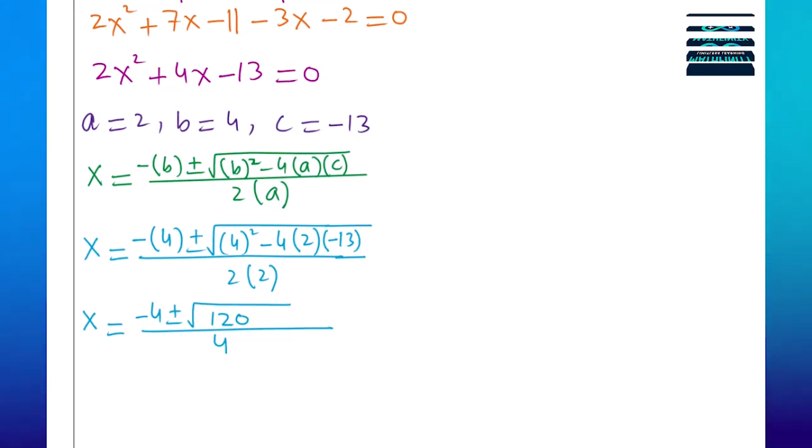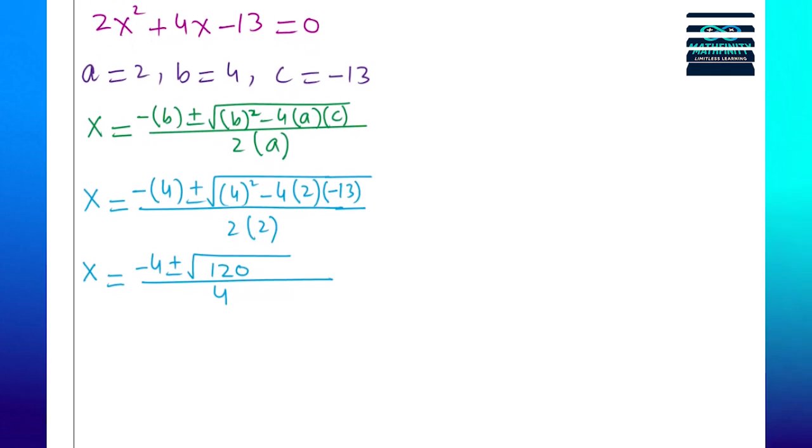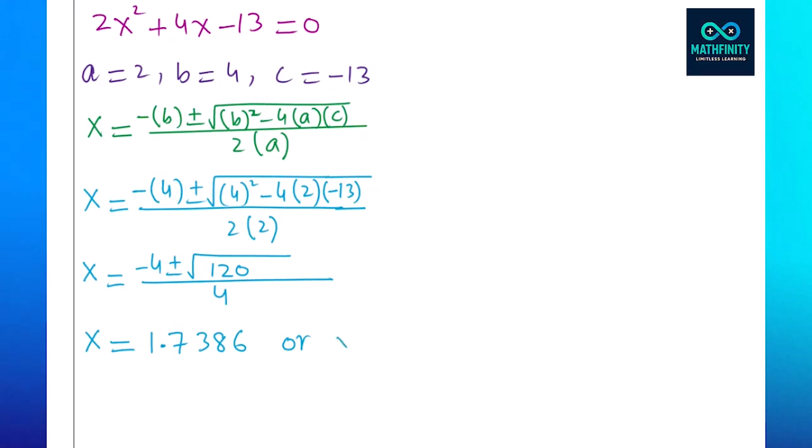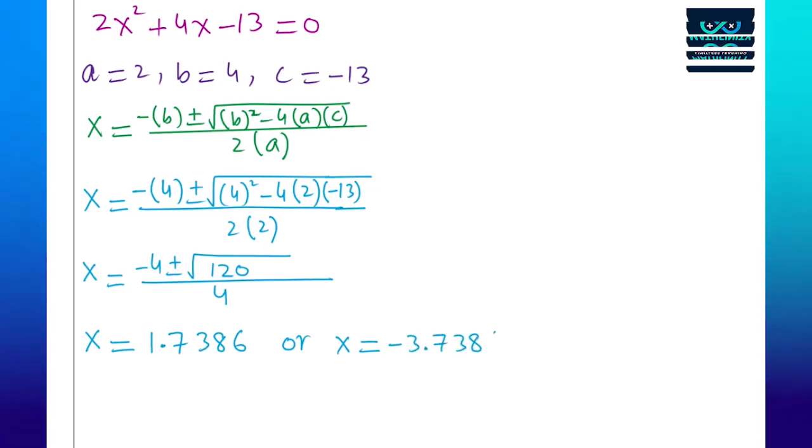So we can write, we need to separate the values. X is equal to, with the positive, I got 1.7386, or with the negative, you will get the other value, that is negative 3.736.